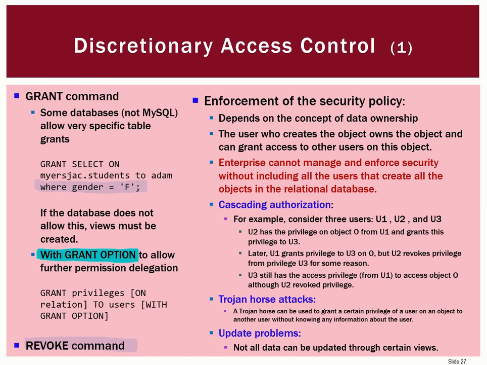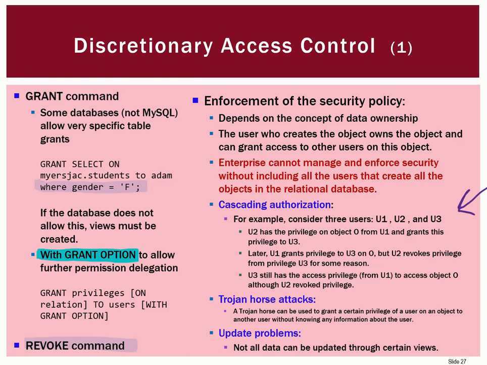Now, let's talk about enforcing the security policy. Granting with the grant option is never a good idea because then you have no idea who has access. And we have an example here. We have these three users, U1, U2, and U3. And these users are involved in a grant relationship.